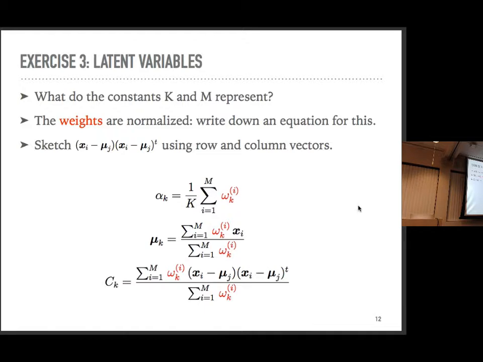The Gaussian that we have using these three parameters. What does that represent for a given point? So these three parameters together create a Gaussian. So what is the Gaussian? It's one of the individual ones. It's one of the three. So each Gaussian is one of the three Gaussians that we're using to create a whole probability.